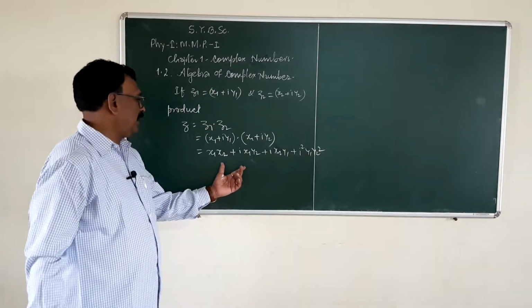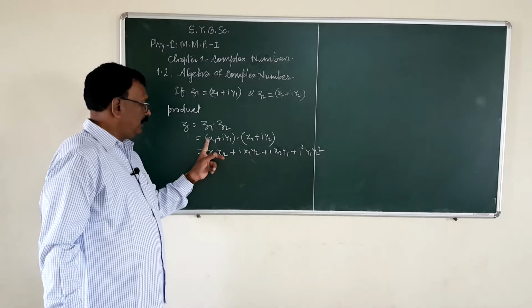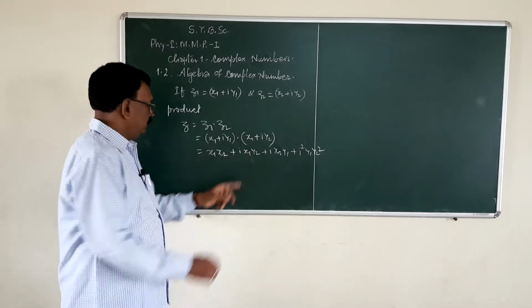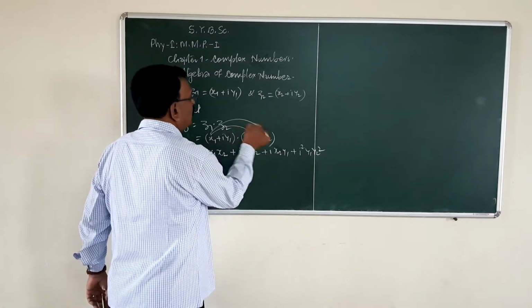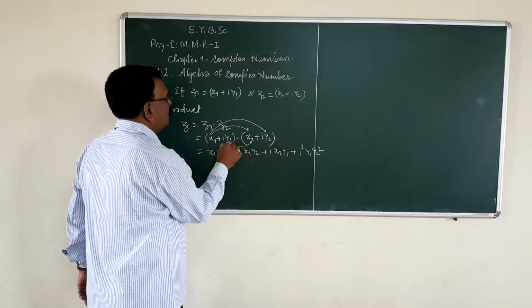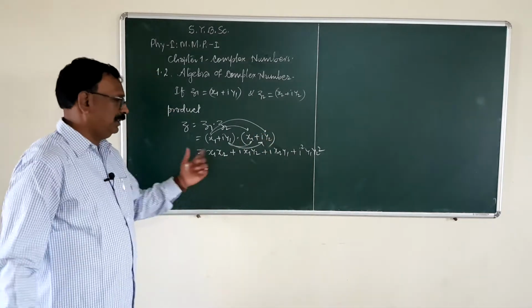How is this term derived? We multiply x1 with both terms of the second number, and again we take the multiplication of iy1 with both terms, and we will get this equation.